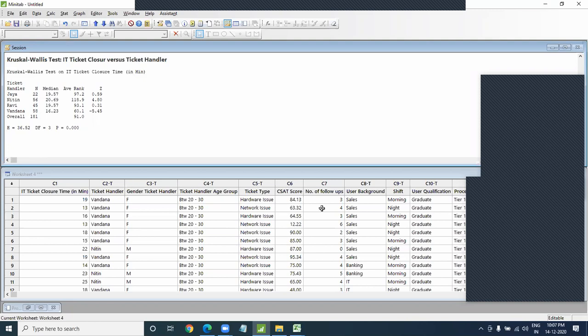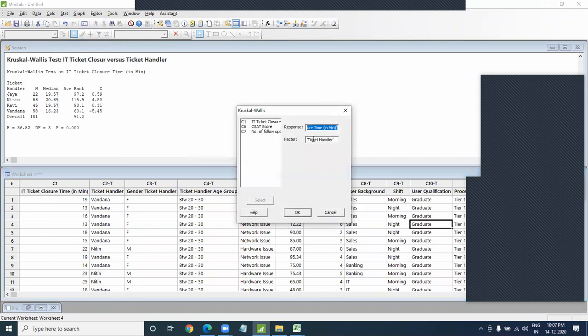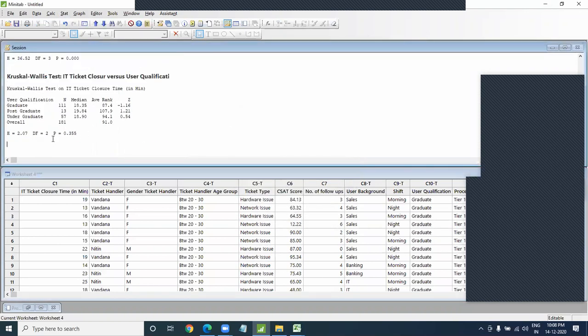Let's say we are trying to do a comparison at qualification level. We have graduate, undergraduate, and postgraduate, 3 groups. And if my data is non-random, then I'll go with Kruskal-Wallis. Instead of ticket handler, I will use qualification. This is coming as null. We compare the medians.